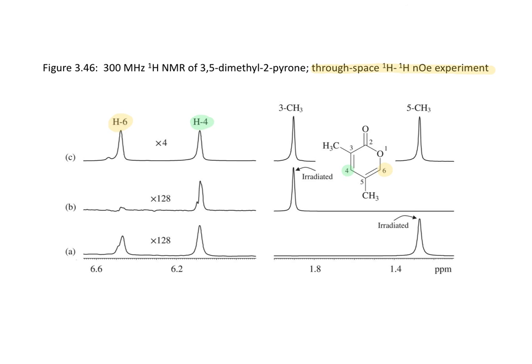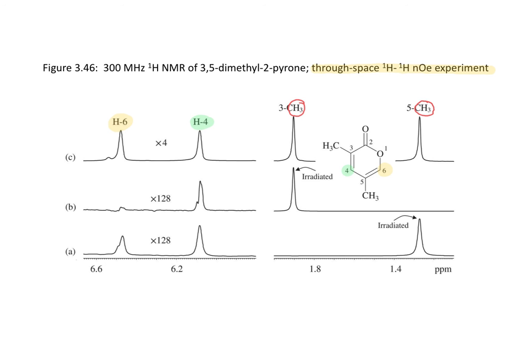What is not immediately obvious is for the two methyl groups, what the methyl group at 1.9 is attached relative to the methyl group at 1.3 parts per million. This is where the NOE difference experiment is valuable.